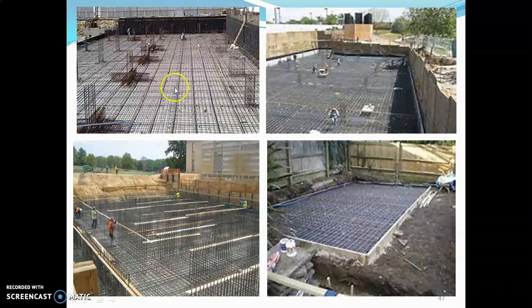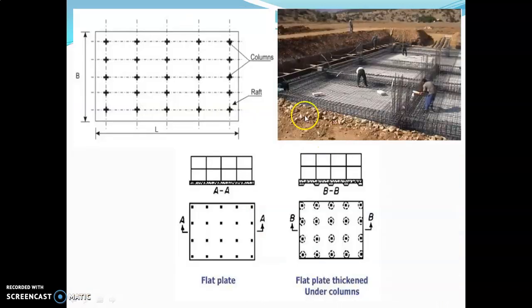You can see here one single, it looks like a slab, single foundation for all the columns. These are the columns and this is a raft. Flat plate thickened under columns.